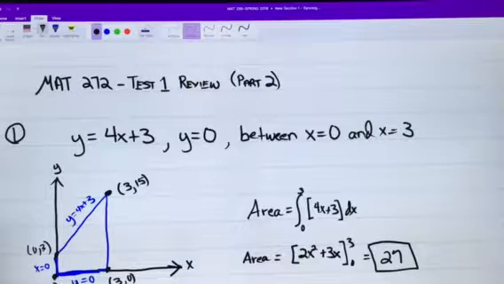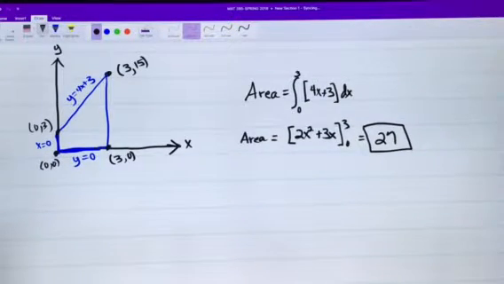All right. Now, in looking at the determination of the volume generated about the x-axis, in this particular case we can return to using the method of disks.